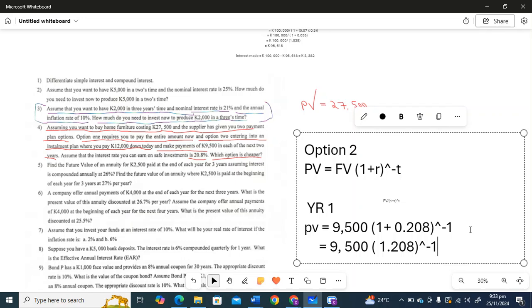So let's see, 1.208 to the power negative 1 is 0.827.